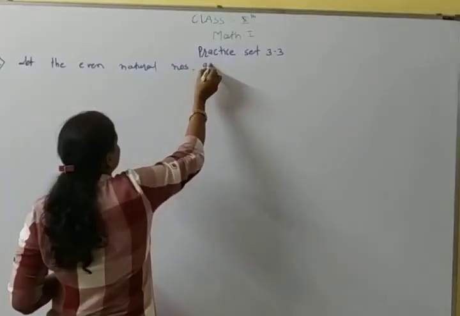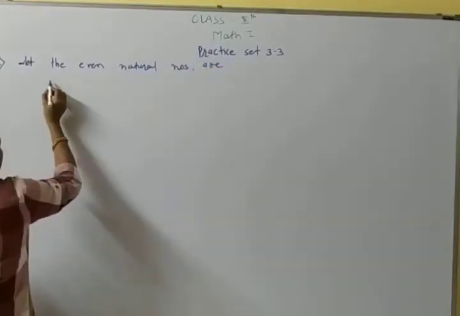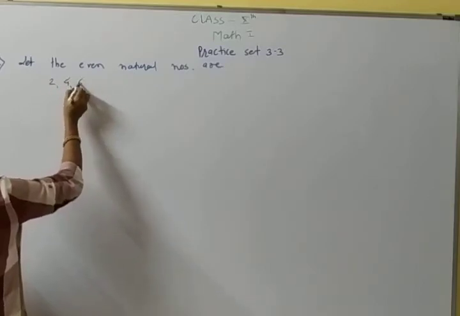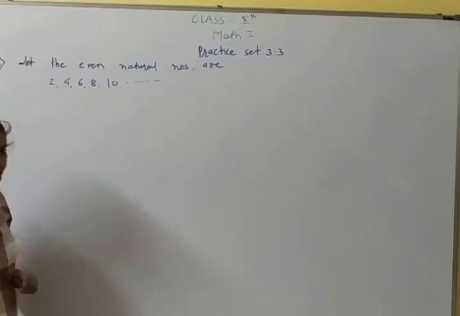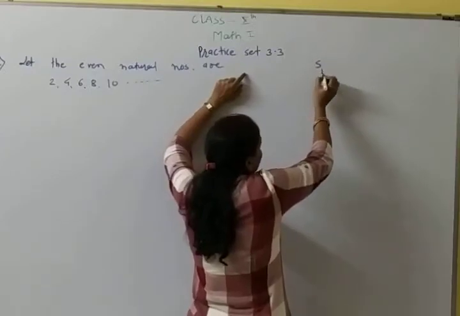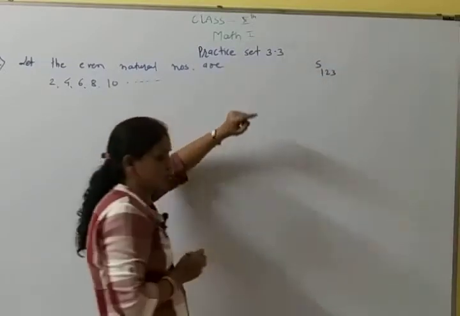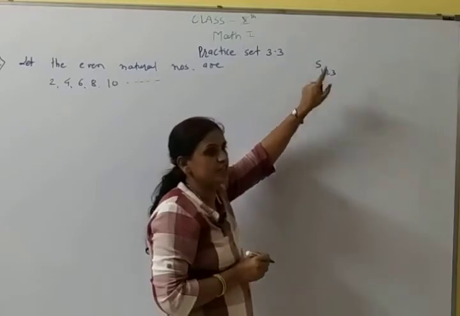The even natural numbers are 2, 4, 6, 8, 10, and so on. The question is to find the sum of 123 even natural numbers, so S123 equals question mark.